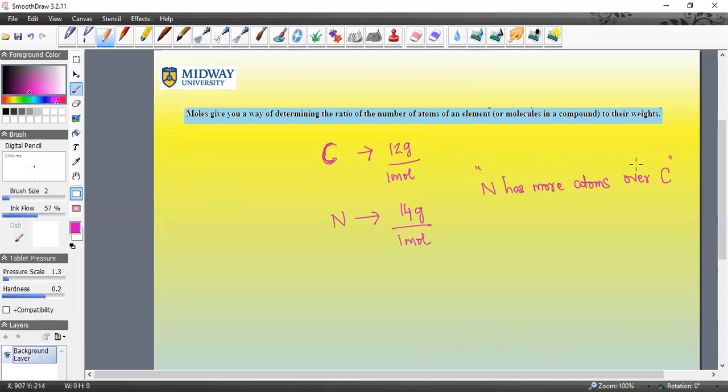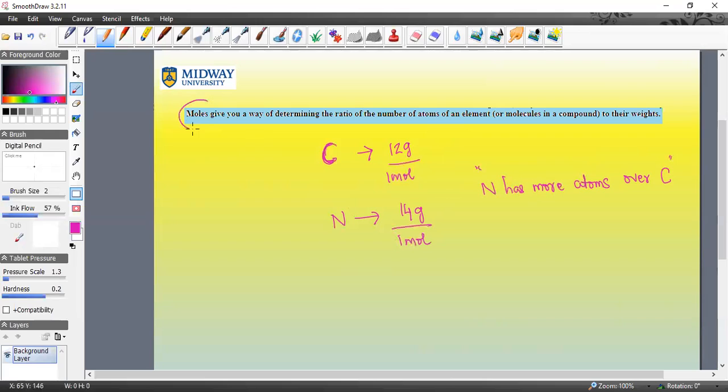So if you look at an element that's got a large atomic mass, that means it's got more atoms. So not every element contains the same number of atoms, which is the basic question that we started with. Does every element have the same number of atoms? The answer is no. However, a mole of an element, the mole is like a messenger.